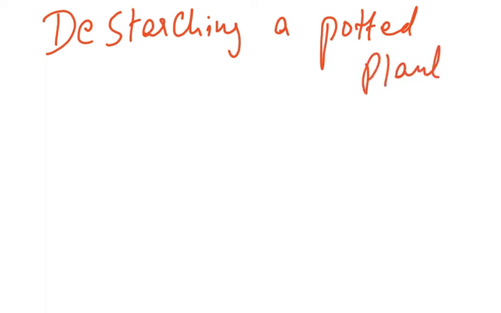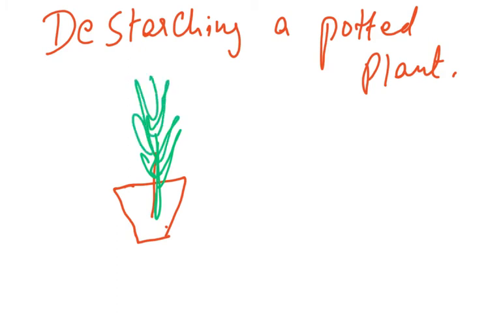First of all, you must know why do we need to destarch a potted plant. So we have this plant and it is in soil, right? It's got roots and it's in this pot.